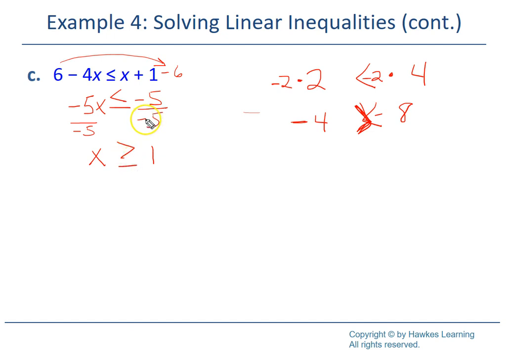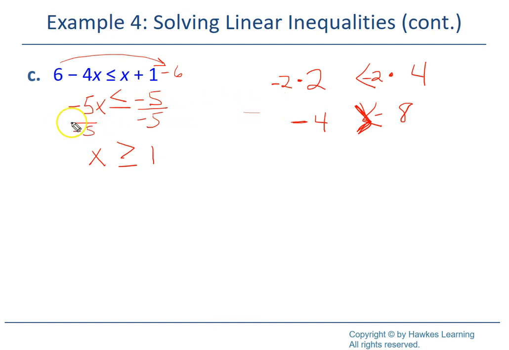And why did we do this? Well, because we're dividing by a negative. Or if we multiplied by a negative, to keep it true, we have to reverse the direction of the inequality sign. Now, this is basically the only difference in solving equations and solving inequalities.